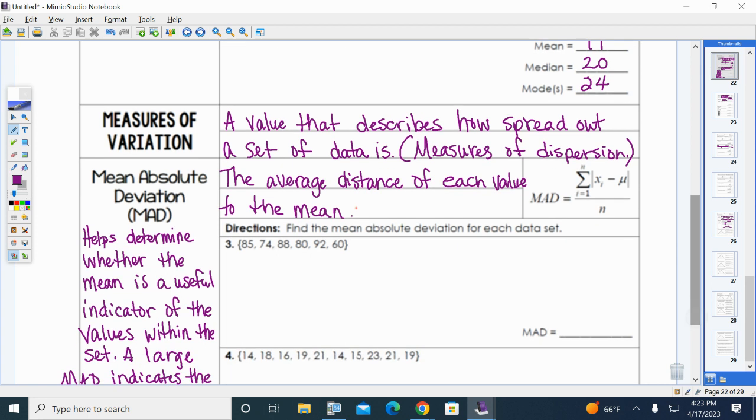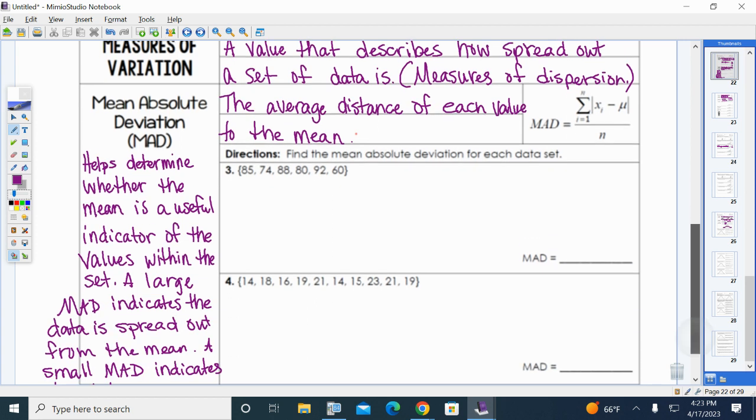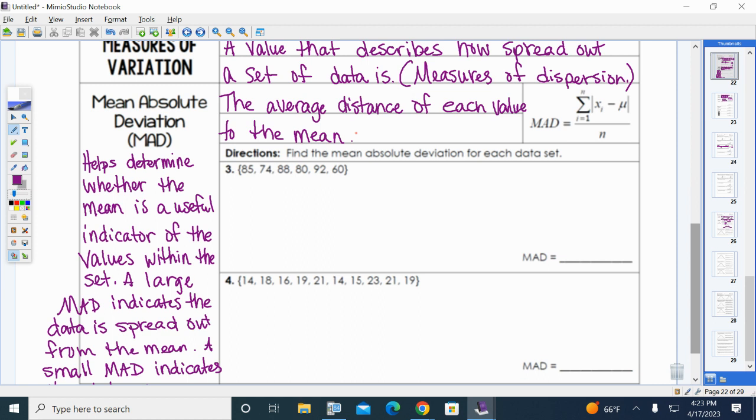Unfortunately, the calculator will not do this for us, and we are going to have to do this ourselves. I'm going to look at example number 4. Again, the MAD, by definition, is the average distance of each value to the mean.